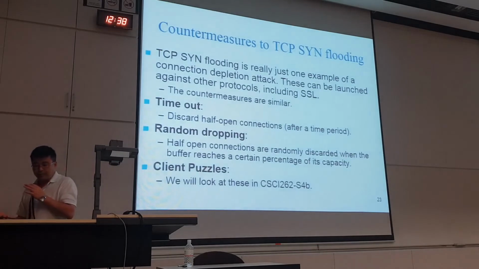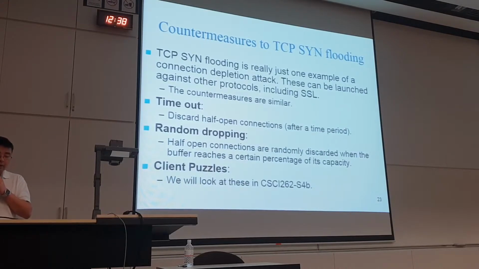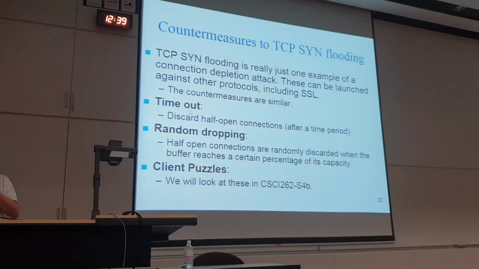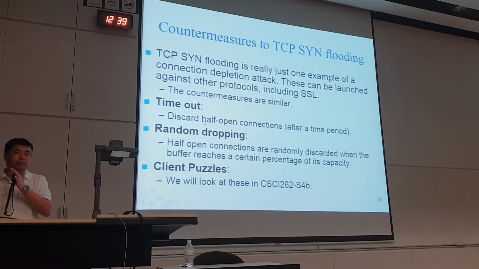And then there are some countermeasures that can be used to resist such an attack, and the countermeasures are also used in different protocols. Right. So there are some simple, trivial mechanisms. For example, you can have a timeout. So you can reduce the waiting time, the time window.